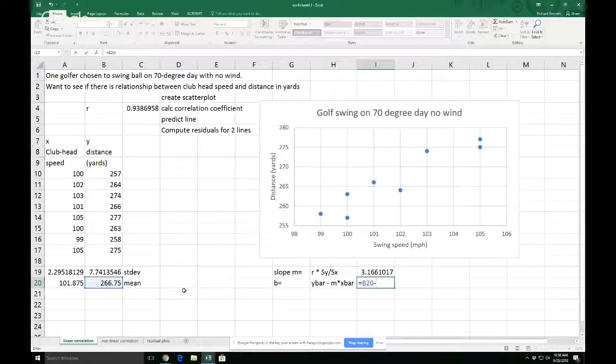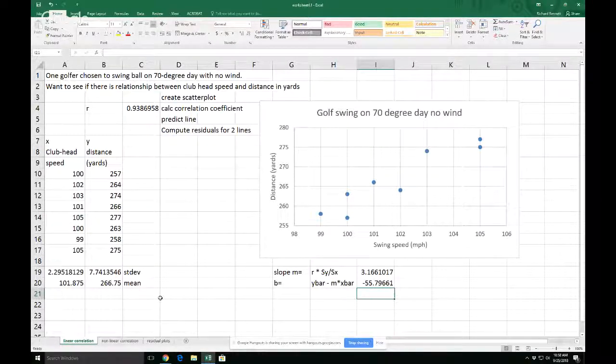The slope, and the slope is 3.1661 times the x bar, which is 101. Okay?